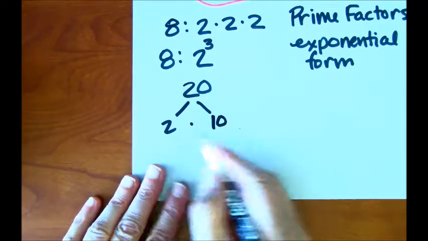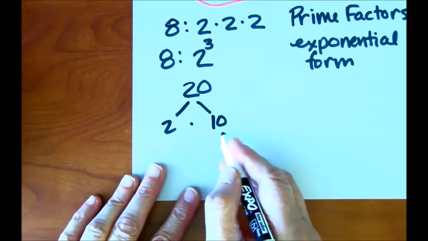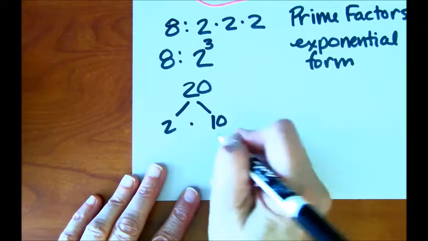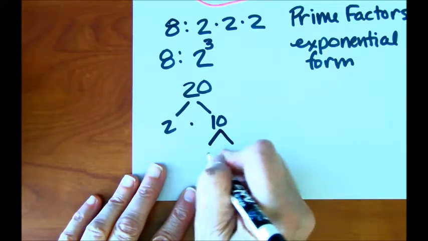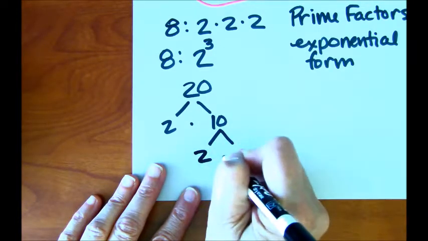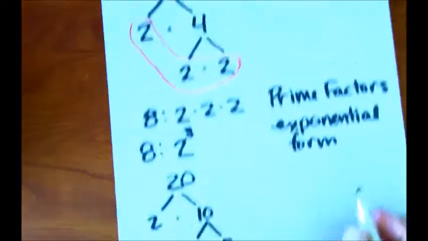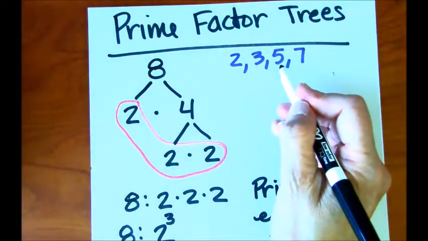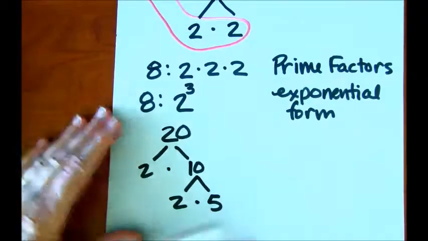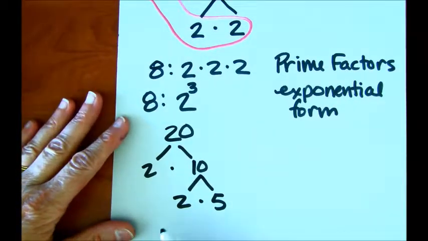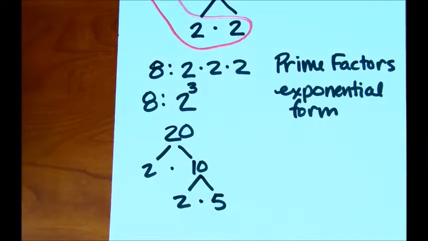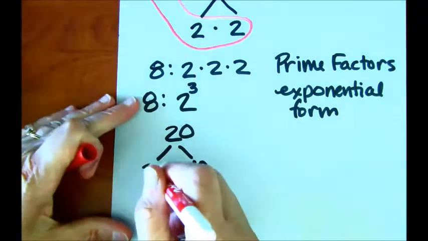Now 2 is prime, so now I'm going to work my way on this side. This is not prime, so I need to break it down further. 2 goes into 10 5 times. Now 5 is a prime number, so I don't need to go any further. I've found all of my prime numbers.